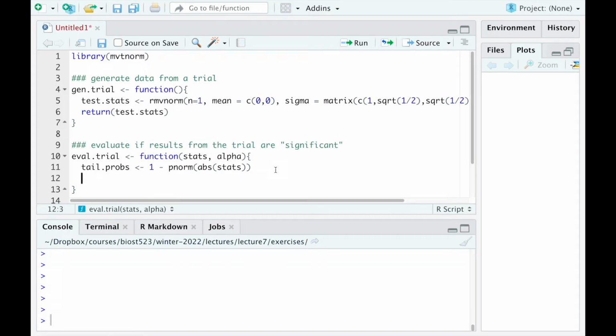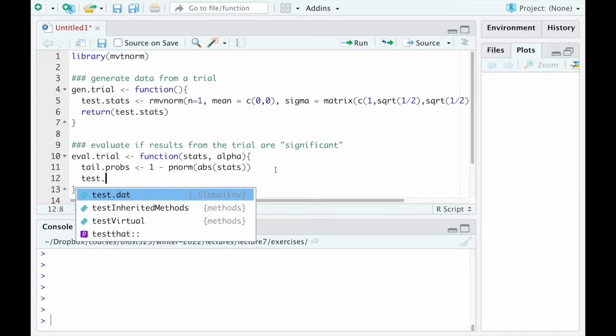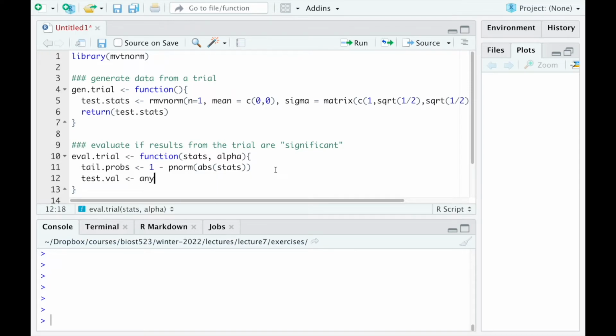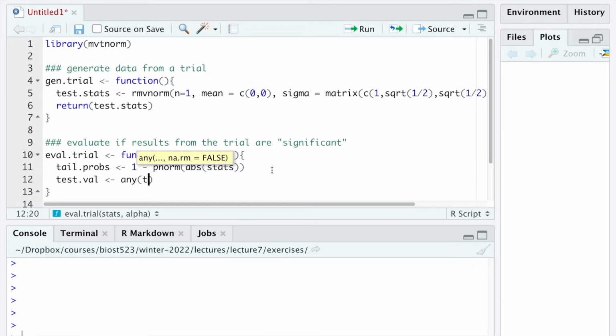And now, because we're running a two-sided test, we want to compare each of these tail probabilities to alpha over 2 and see if any of them is less than alpha over 2. So let's make a new variable. And we're going to use the any function, which returns 1 if any of the arguments in the vector passed in is true.